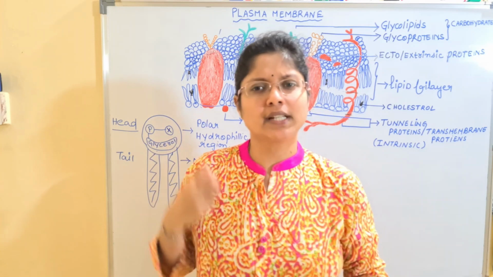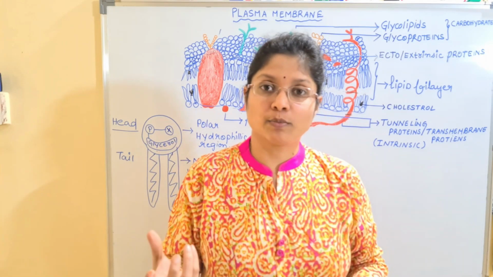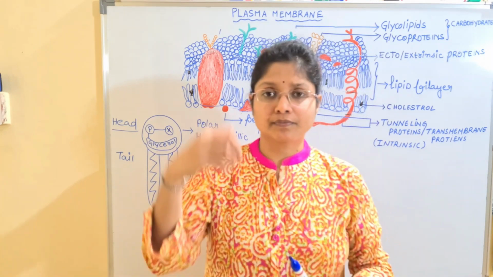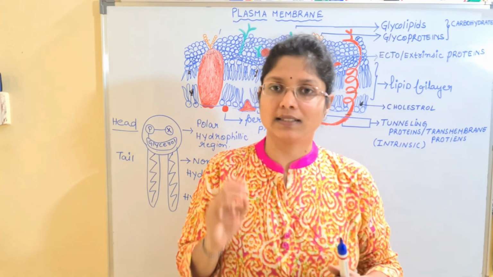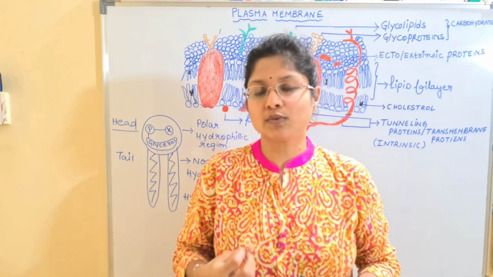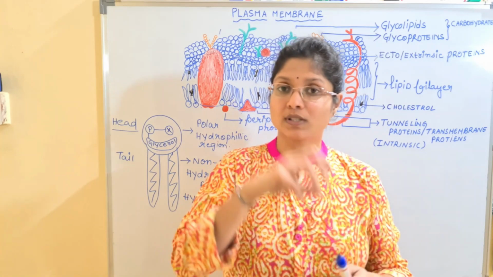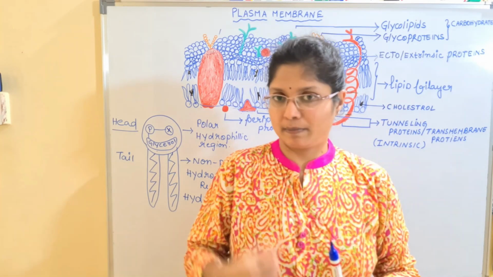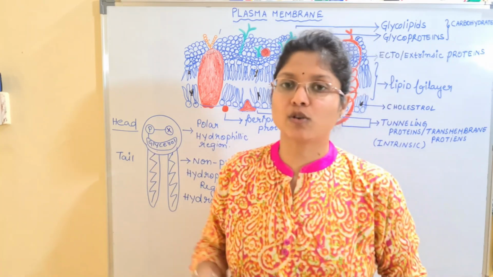Because the lipids are associated with the phosphate like this, and such lipids are called phospholipids. Phospholipids are the major class of lipids present on the plasma membrane. Other than that, we have the glycolipids, which are associated with carbohydrate molecules. If the lipid molecules are associated with carbohydrate, we call them glycolipids. So let us see the structures of both categories of lipids.